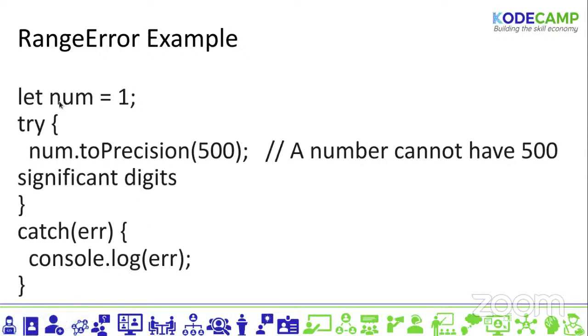Then we console.log that error, and we are going to see the error name, which would be RangeError, and the error message, which would say something like the number is out of range. Very soon we are going to see how that works.